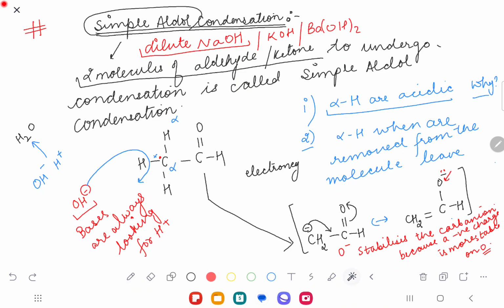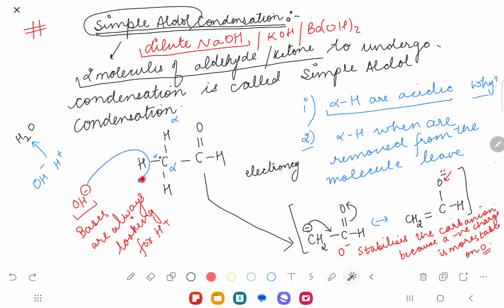So this is the concept when we are talking about the simple aldol condensation, with dilute NaOH, KOH, Ba(OH)2. I hope you're understanding that alpha H is acidic. What is the base doing? The base is releasing OH negative, and that OH negative is pulling off the H plus.